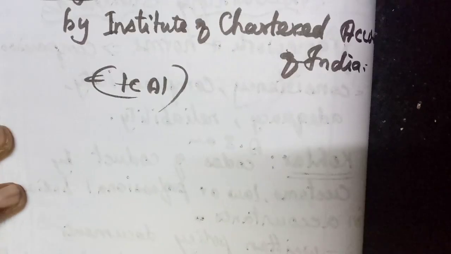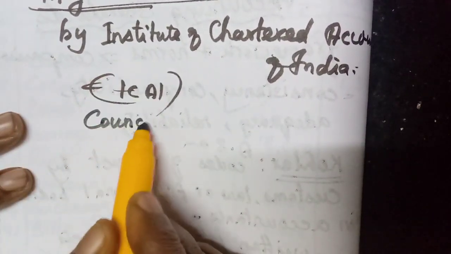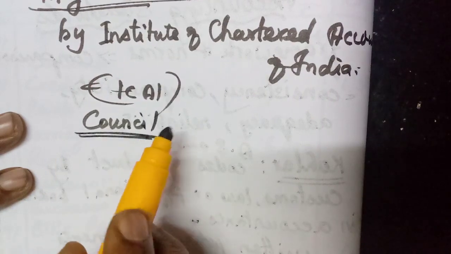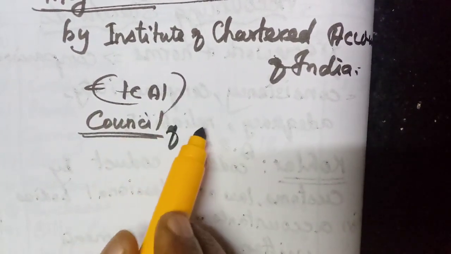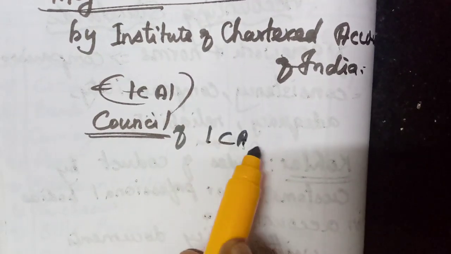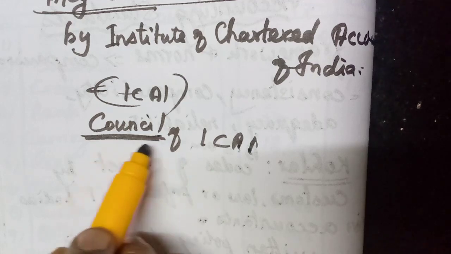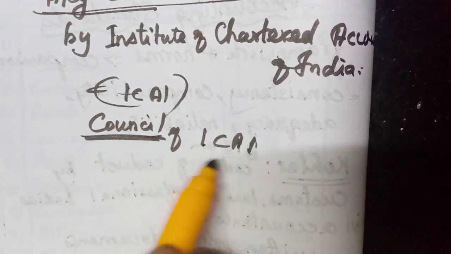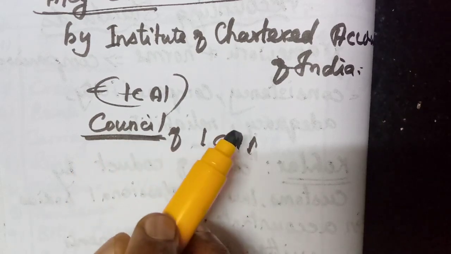This institute has appointed a council, the Council of the Institute of Chartered Accountants of India. Like a committee, that committee is called the Council of ICAI.